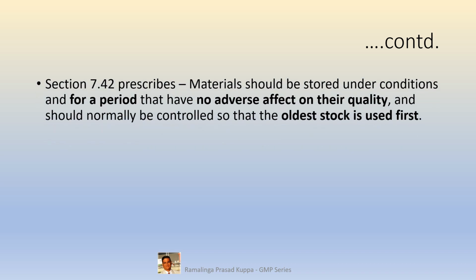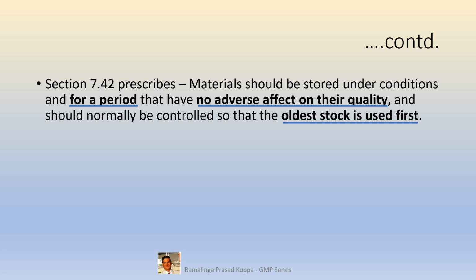Section 7.42 prescribes materials should be stored under conditions and for a period that have no adverse effect on their quality, and should normally be controlled so that the oldest stock is used first. This point says that material should be stored for a period.